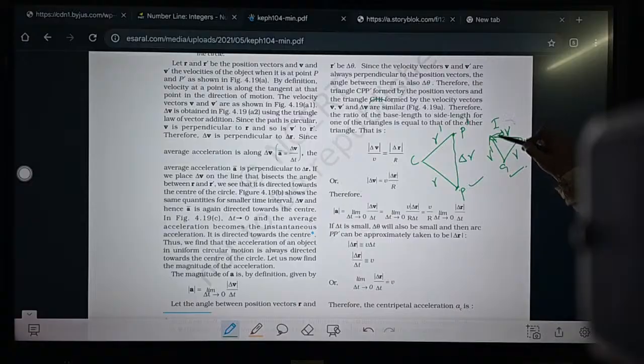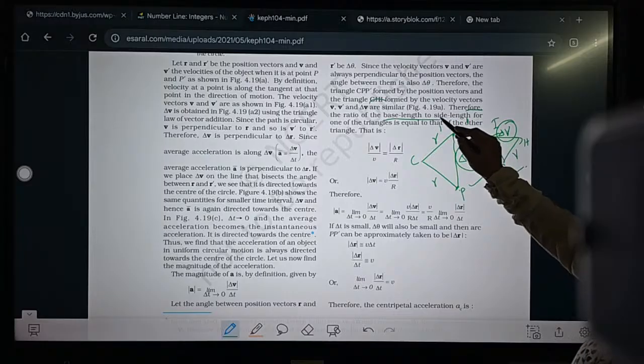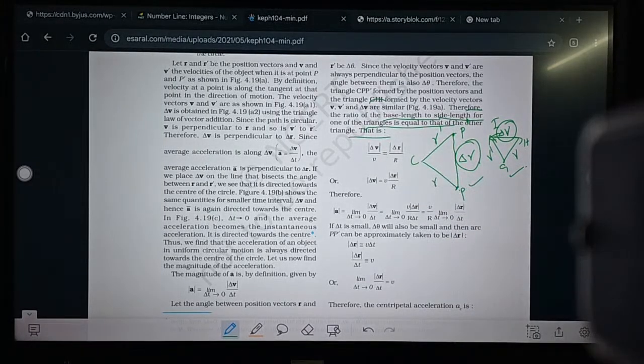If it is delta V, and then you consider delta V and delta R. For example, the ratio of the base length to side length for one triangle is equal to the other triangle. Delta V by V, and then delta R by R they have taken here.